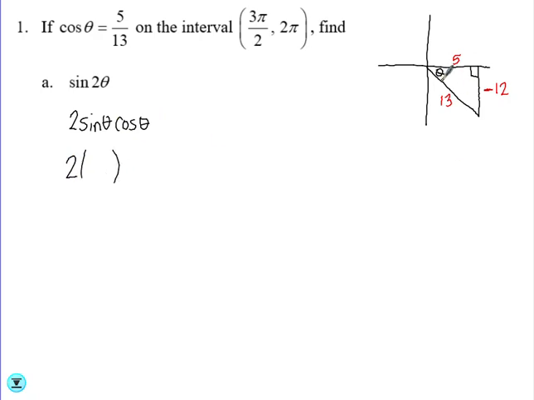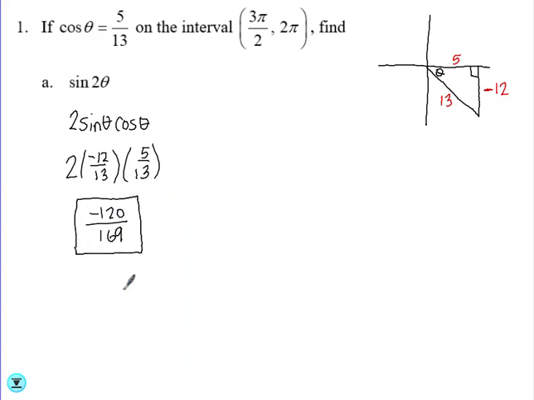We know that sine is opposite over hypotenuse, so we have negative 12 over 13, and cosine of theta was given to us in the problem. Then we just multiply all of these together and we get negative 120 over 169. And we can just leave our answer as a fraction. That's it.